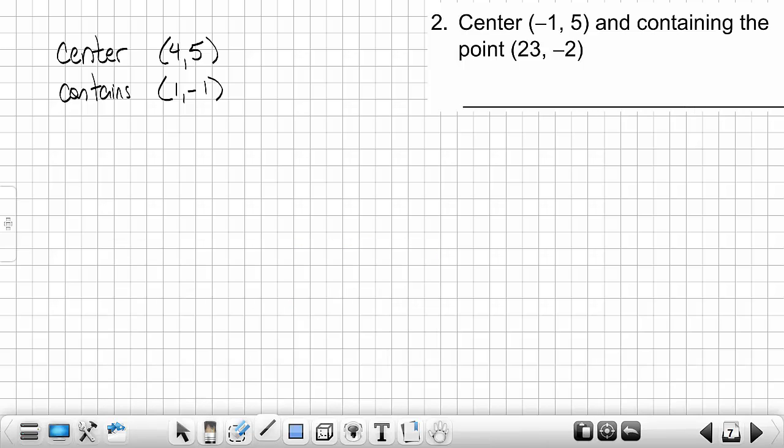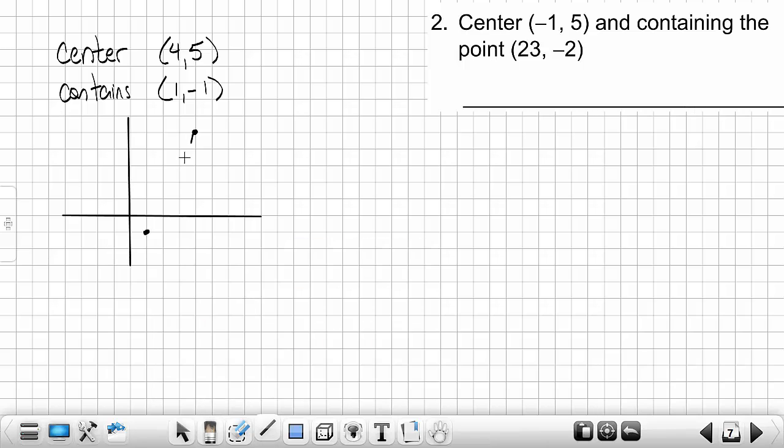But I want you guys to think about what this looks like first, so I'm going to draw a quick little coordinate plane. Maybe a little off center since I'm going through the point 4, 5. So there's the center of my circle. Is everybody okay? There's 4, 5. And I want this circle to go through the point 1, negative 1.